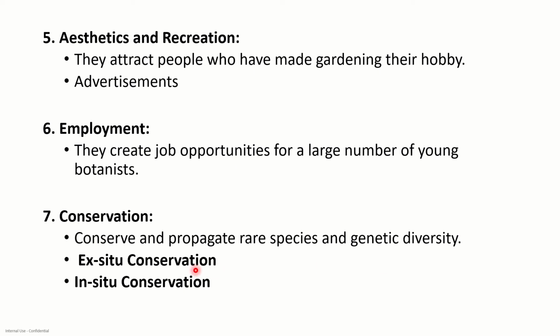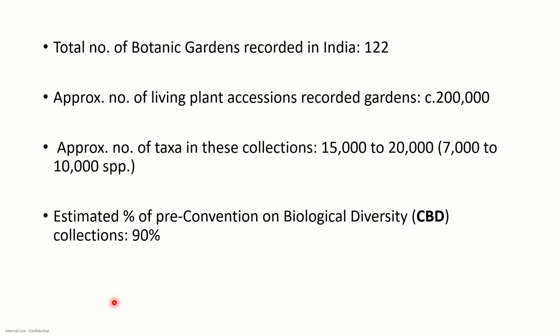We need to conserve and propagate the existing species. Then only in the near future will we have something to study. Or else, if we are not conscious about conservation and propagation, nothing will remain for us to study. This conservation strategy includes ex situ conservation and in situ conservation.